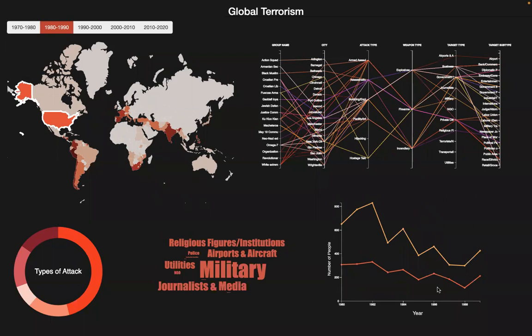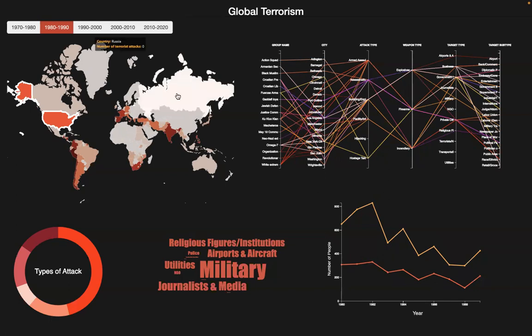Moving on to the multi-line plot, we can see that it gives a comprehensive view of the impact of terrorism by showing both the number of people who are wounded and the number of people who are killed. By displaying multiple lines on the same plot, it is possible to see the trends and patterns over time.